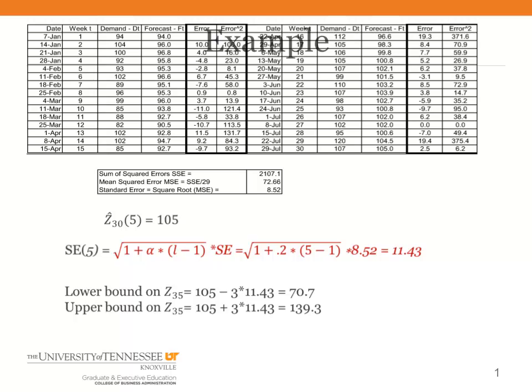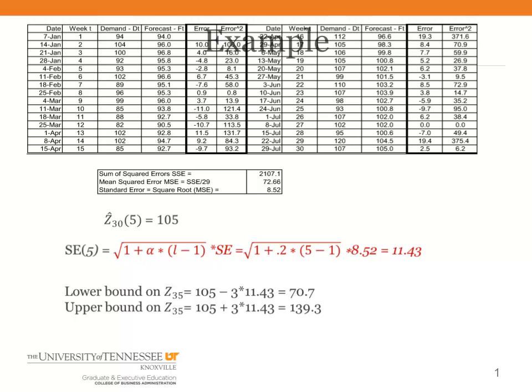Alpha is 0.2, L, the number of weeks into the future, is 5. So under that square root sign, I'm going to have 1 plus alpha, which is 0.2, times L minus 1, which is 5 minus 1. And then after I compute that square root, I'm going to multiply that times the standard error, which is 8.52. So the standard error for a forecast made 5 weeks into the future is 11.43, which is quite a bit bigger than the standard error of a 1 week forecast, which was 8.52.